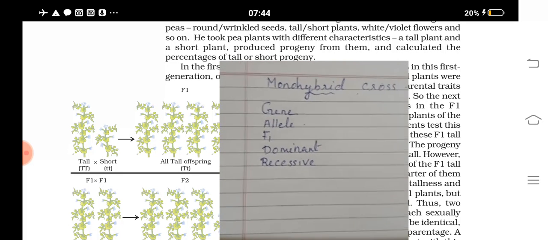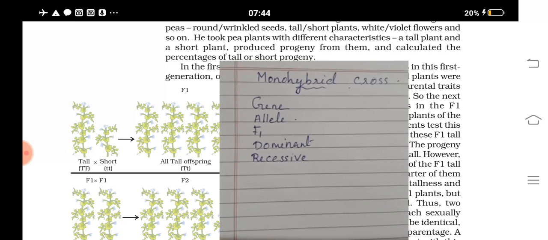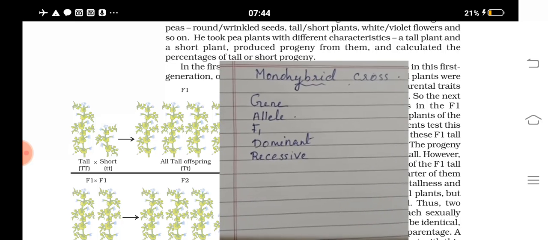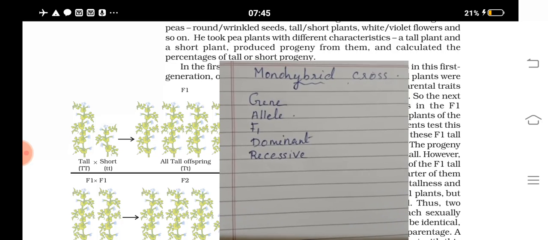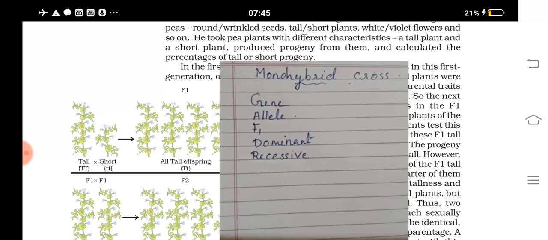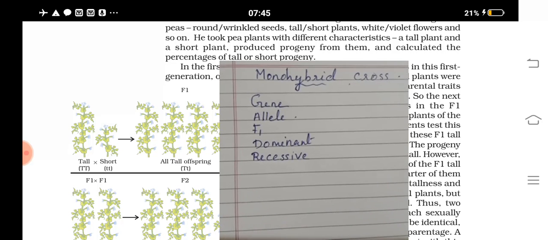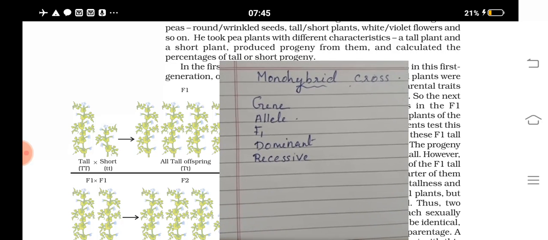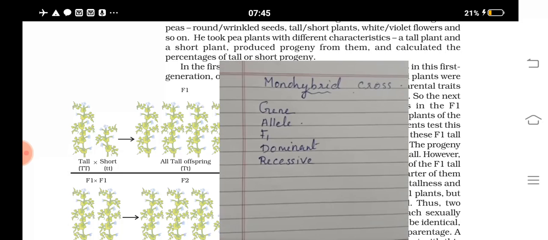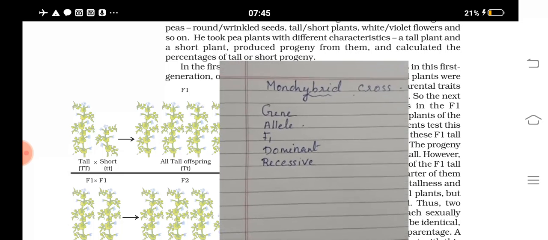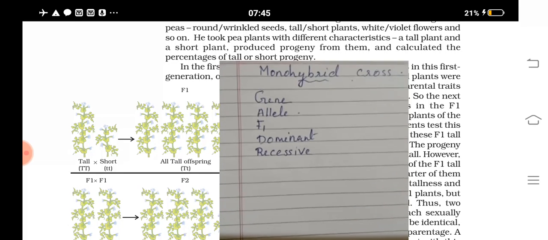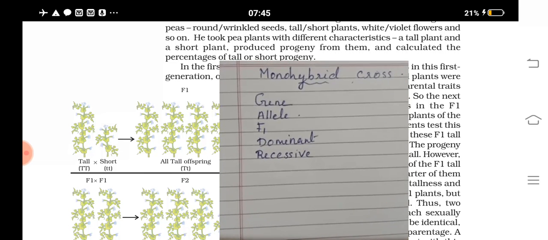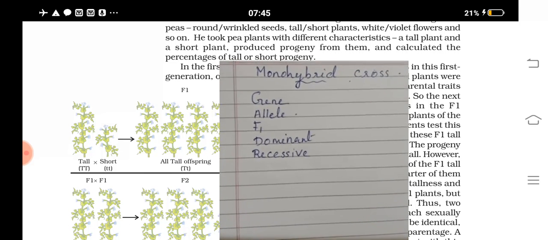So Mendel has done two different kinds of cross, monohybrid, dihybrid, etc. Dihybrid means if two characters are studied at a time, and each of these characters will have different traits also. For example, if the color of the flower is the character to be studied, then it will have two alternative traits, violet and white.